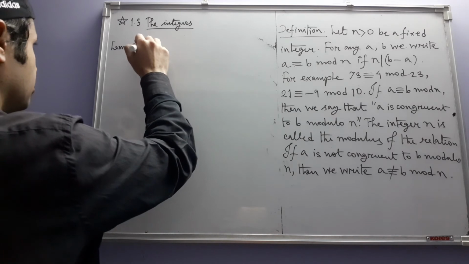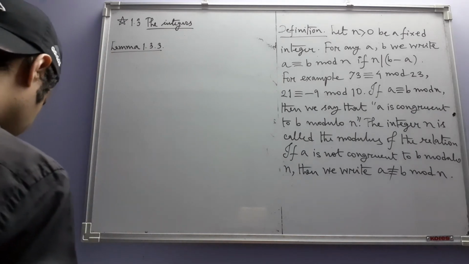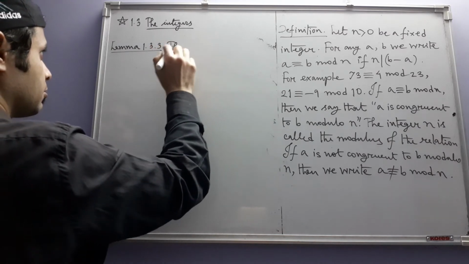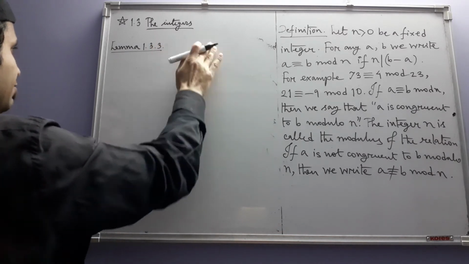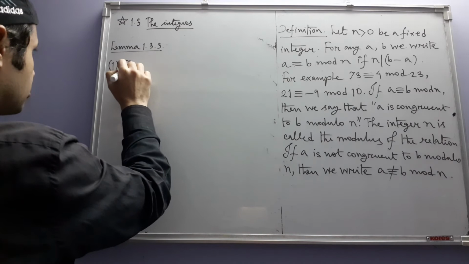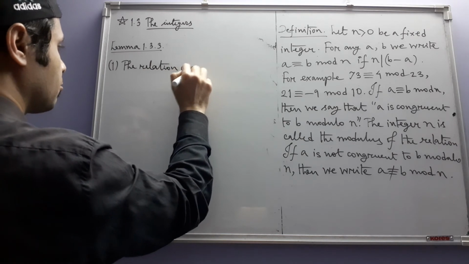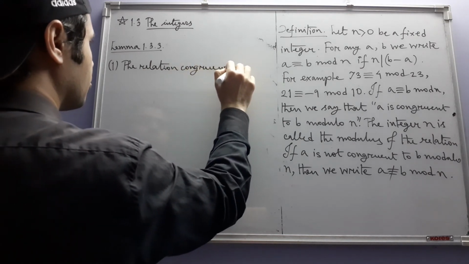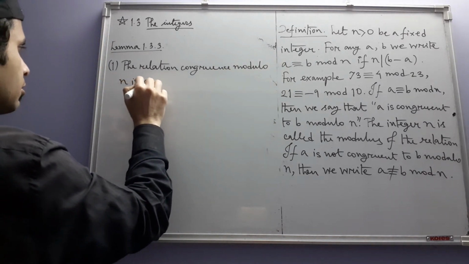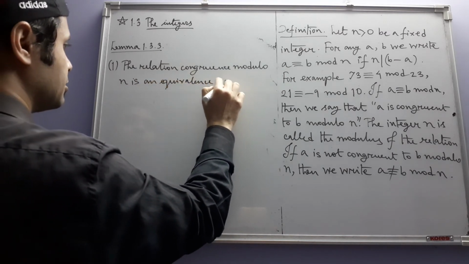It is Lemma 1.3.3. So the relation, they have to be written in parts. Number 1: the relation congruence modulo n is an equivalence relation.